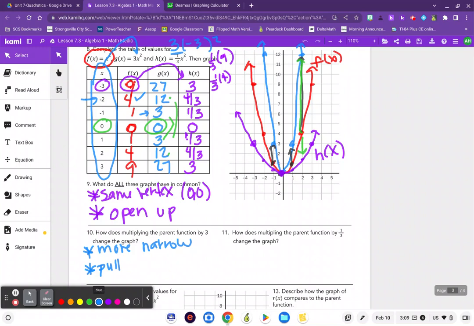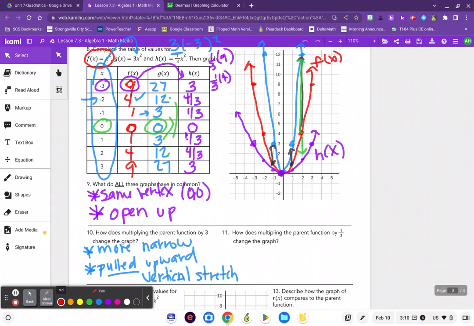I'm going to say pulled, not shifted, pulled upward. And what that means is that I have a vertical, which means up and down, stretch. My graph is being stretched out. Think of a rubber band. If I were to take a rubber band and pull on it, it's going to stretch out and become skinnier.